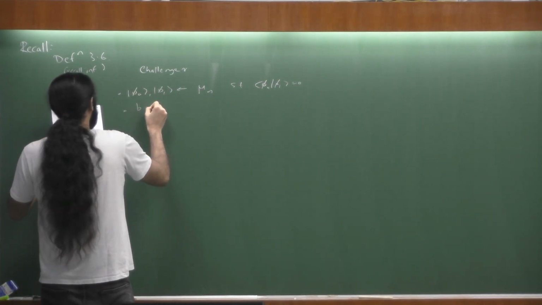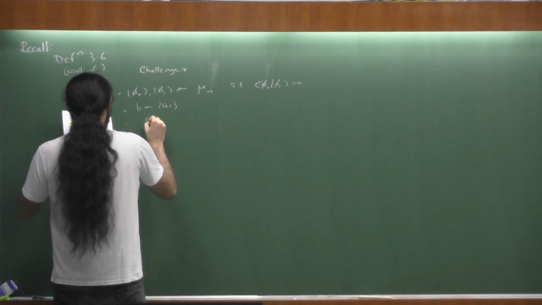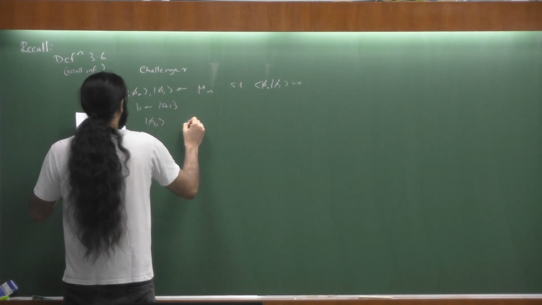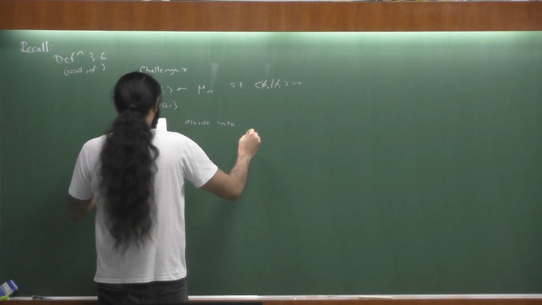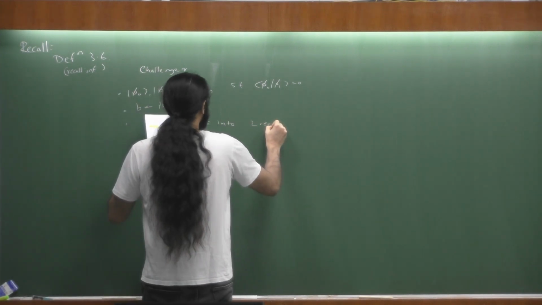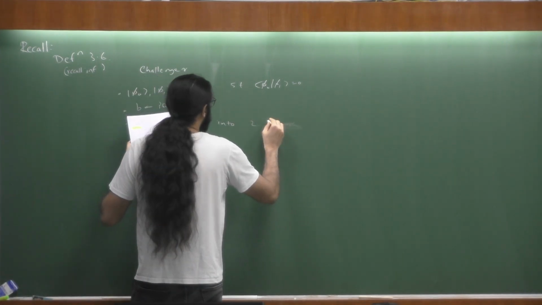And it would sample b from {0,1}, and then it would define φ_b, and divide it into two registers, like two paths, basically.